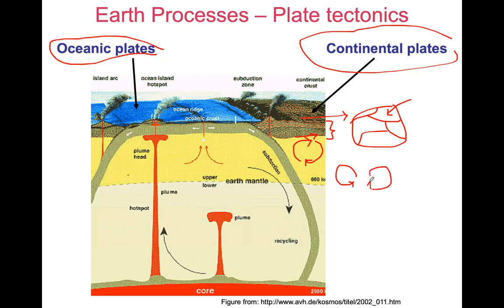If you have a heat flow cell like here, clockwise, then your plate is dragged or moved in this direction. If the cell is anti-clockwise, then your plate is dragged in the opposite direction. So one plate is moving.